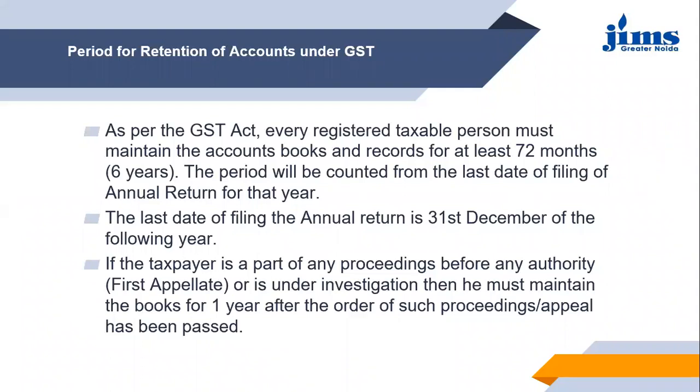It simply says that for 72 months you need to retain your accounts, and those 72 months will be counted from the date of filing of the annual return for that year. Like this year, if you are filing your return on 31st October, the last date, then from 31st October, for the next 72 months, you have to maintain the records of this financial year.